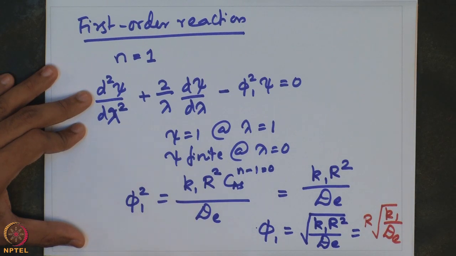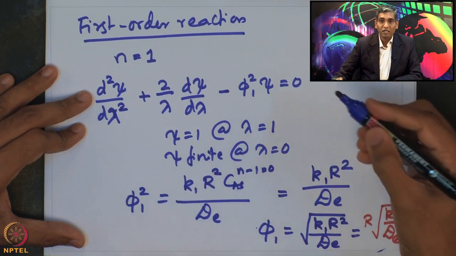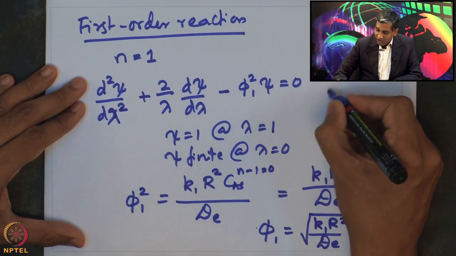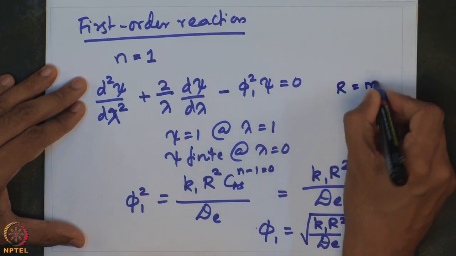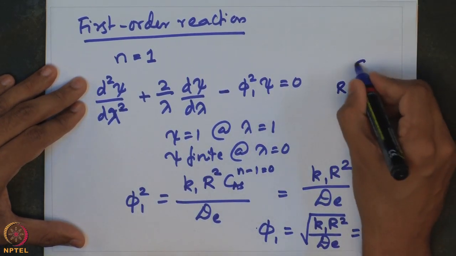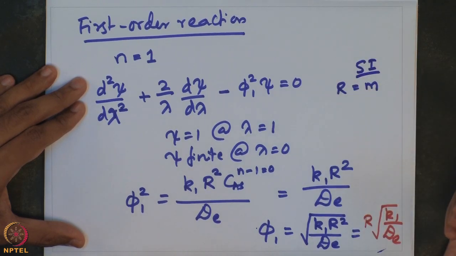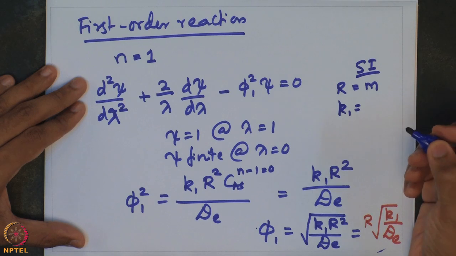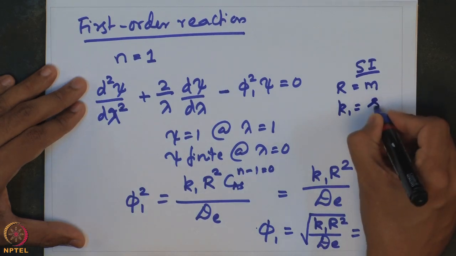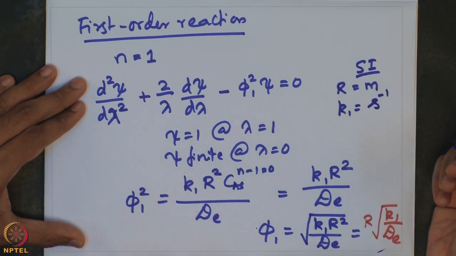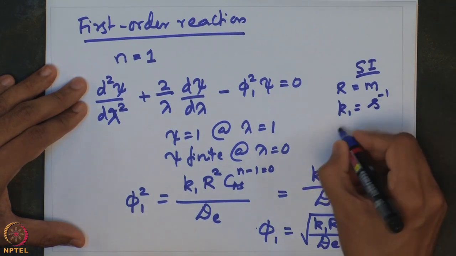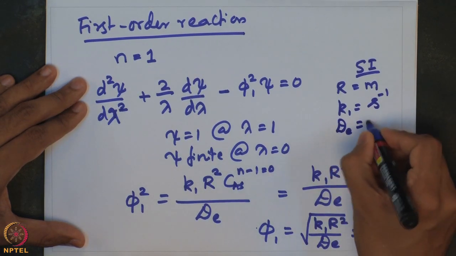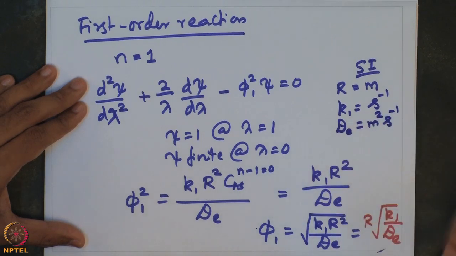So, what are the units of phi 1? Let us look at the units of phi 1. Units of r is, let us say, meter, if I use SI units. What will be the units of rate constant k1 for a first order reaction? It is second inverse. And what are the units of effective diffusivity? It is meter square second inverse.